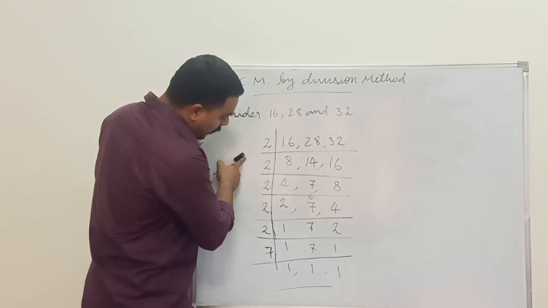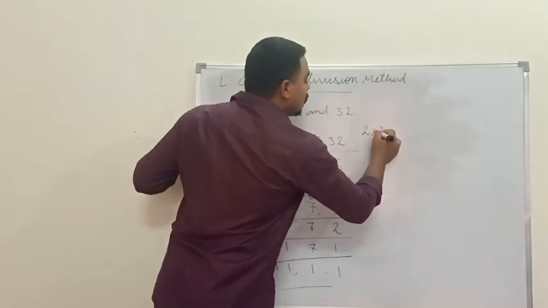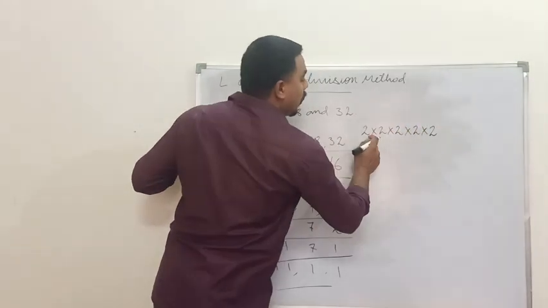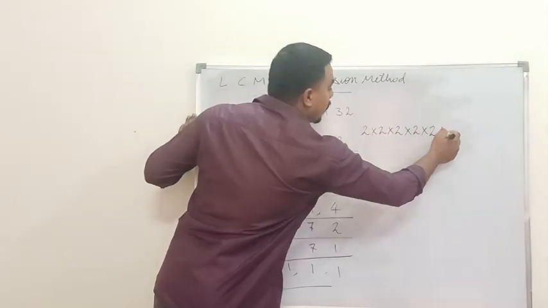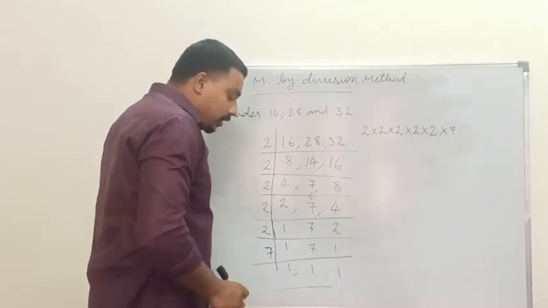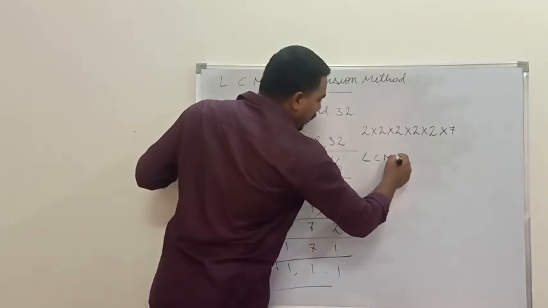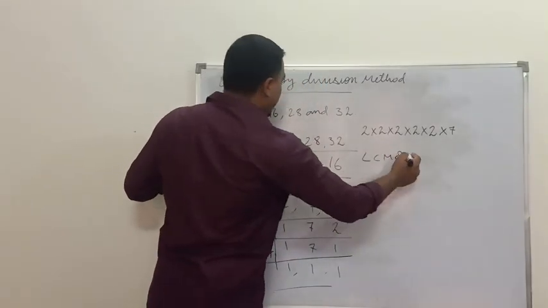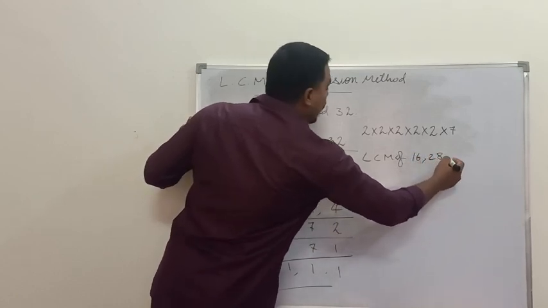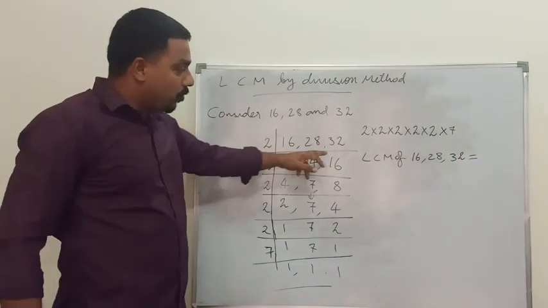How many 2s are there? 1, 2, 3, 4, 5. So 2 into 2 into 2 into 2 into 2 into 7. How much will we get? The LCM of 16, 28 and 32 is equal to how much? We need to multiply this.